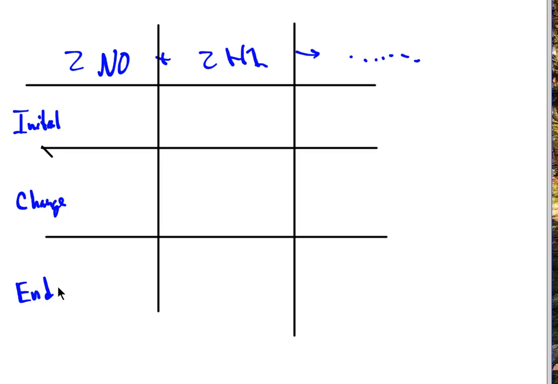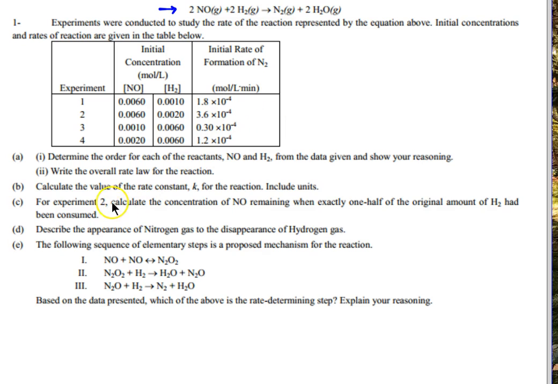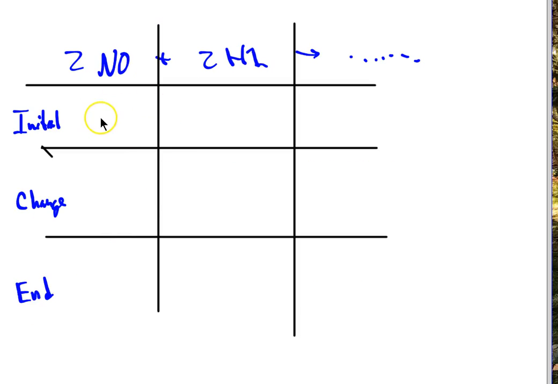So here we go. It says for experiment 2, calculate the concentration of NO remaining when exactly 1/2 of the original amount of H2 had been consumed. So what I'm going to do, I'm going to come up and get my initial values for my reaction. 0.006 and 0.002, and I'm going to put them right here.